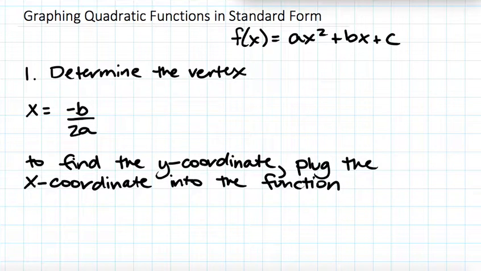So finding the vertex is more difficult when a quadratic function is in standard form than it is when it's in vertex form. However, finding the y-intercept is a lot easier. The y-intercept is c.